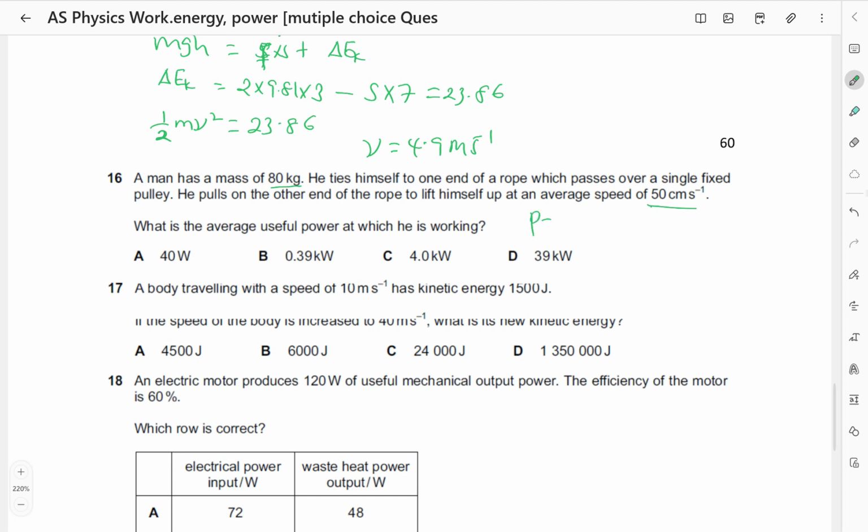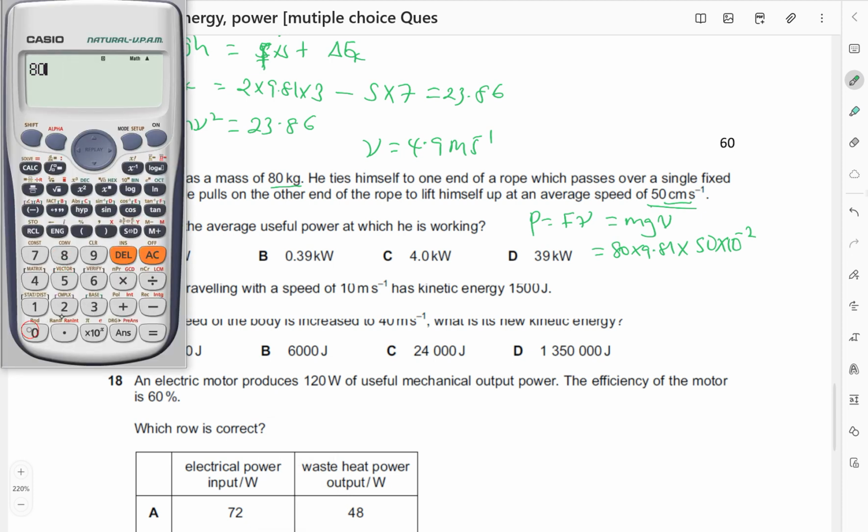So of course, power is going to simply be force times velocity. But the force is going to be overcoming his weight, so the force is going to be mg times v. So this is going to be the mass, which is 80, times 9.81, then times v, which is 50, but note it is in centimeters per second. So I'll multiply by 10 power negative 2 to change it to meters per second.